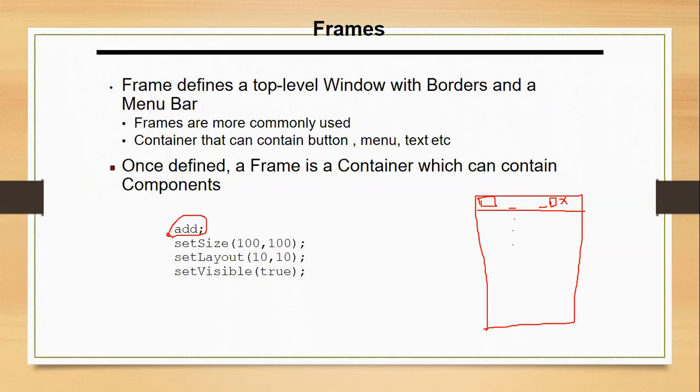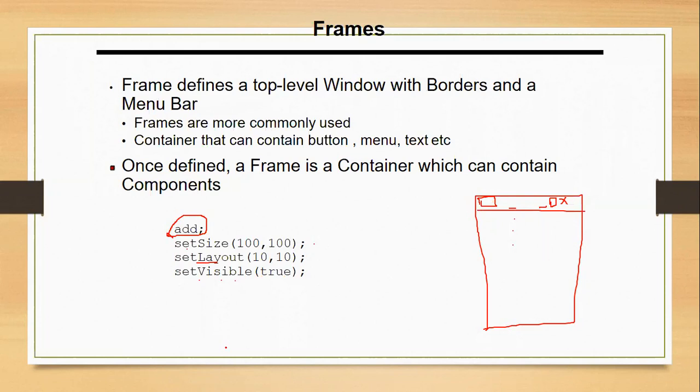To set the size of the frame, how long it should be and how much width it should be, you have set size, you have set layout, and to see the frame, you have a method called set visible. So these are actually the very basic methods you have in frame: set size, set layout, and set visible.